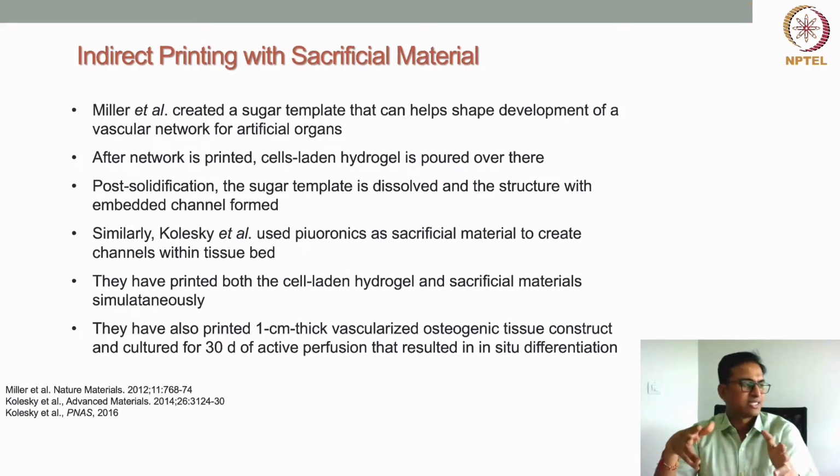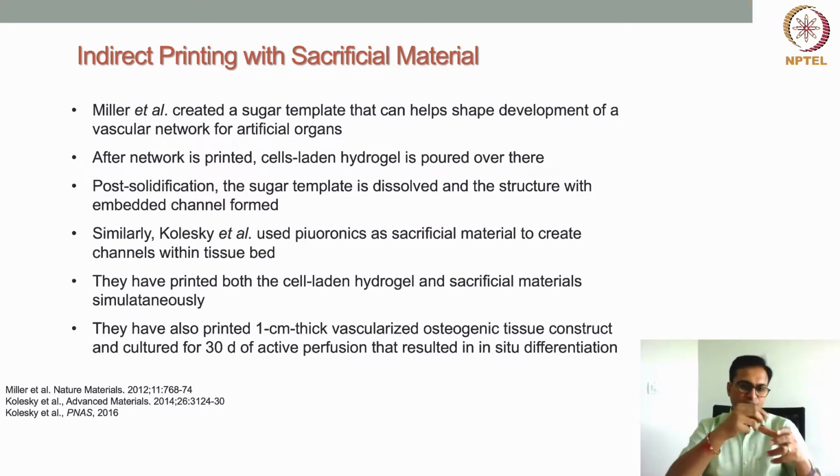After printing, the cell and hydrogel is poured over that printed sugar network. Then the cell and hydrogel was allowed to gel or solidify. Then when they washed it with water or media, the sugar was dissolved away, leaving channels within the tissue block prepared by the cell and hydrogel.